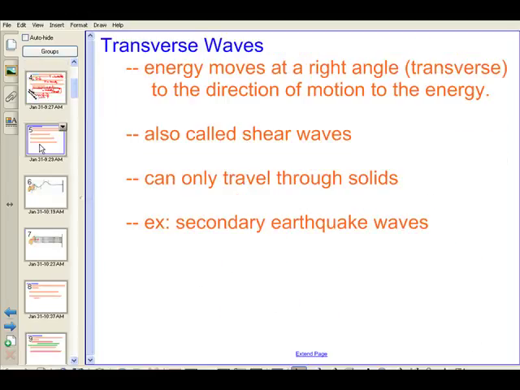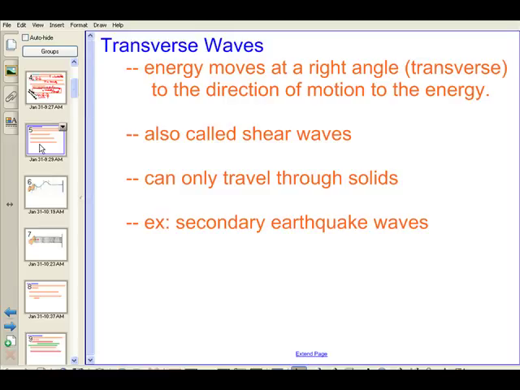So let's talk about the three types of waves. Transverse waves. The wave moves at a right angle, transverse to the direction of motion of the energy. These are also called shear waves. Transverse waves will only go through solids, and there's an exception to that.